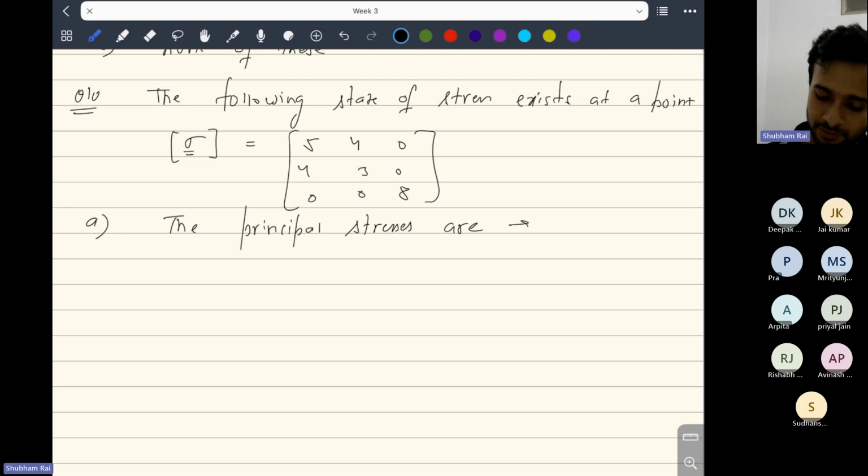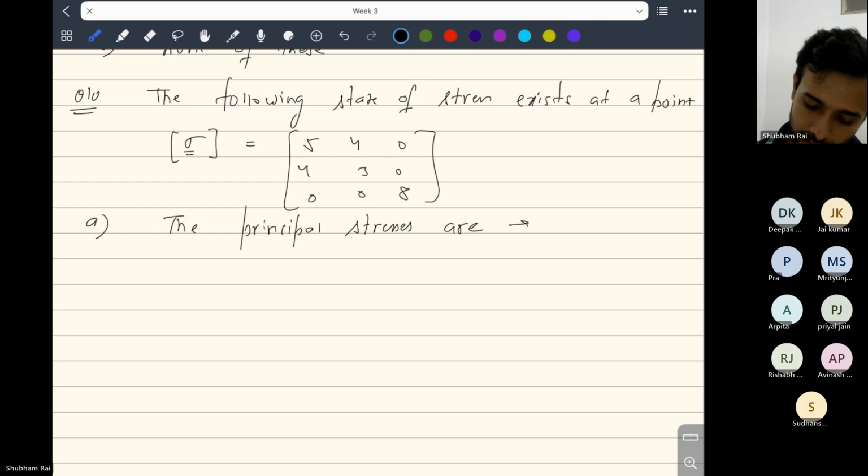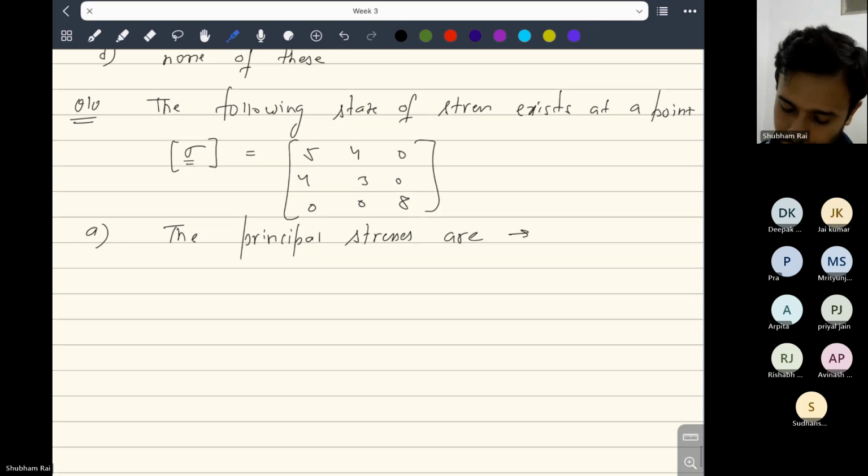Those principal stresses, obviously, you do eigenvalue analysis. So if you do eigenvalue analysis, this is actually lambda 3, right?